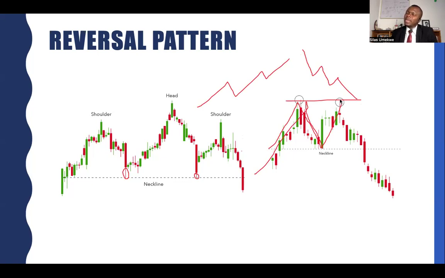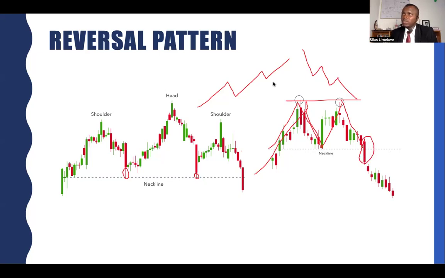Now, don't be in a haste to say the market has turned. No. If it comes back to this point, don't still be in a haste. Ensure that this candle closes well below this line. It is very important that you wait for the candle to close. It is very, very sacrosanct.